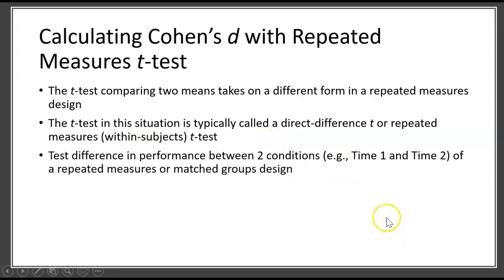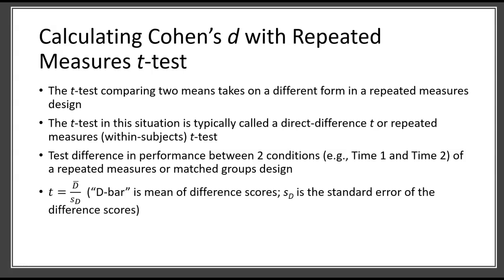If you're looking at differences in scores across conditions, say at time 1 and time 2 in an experiment, we call this D bar, a D with a bar over it. I'm kind of proud of myself that I figured out how to make PowerPoint type that. Anyway, the D bar is the mean of the difference scores.